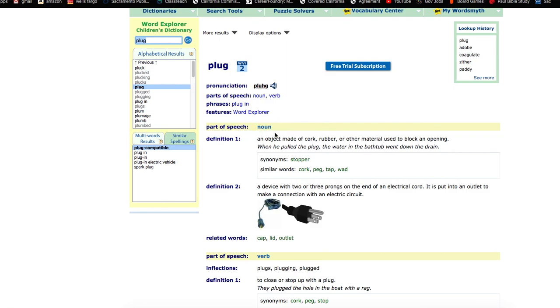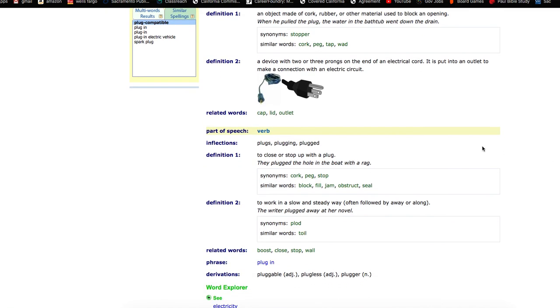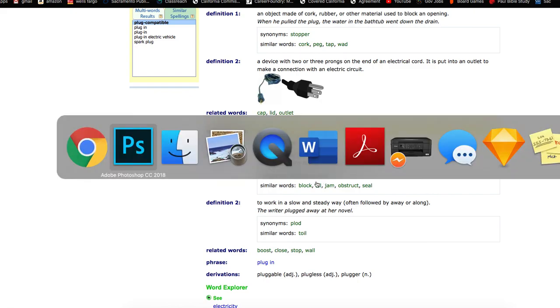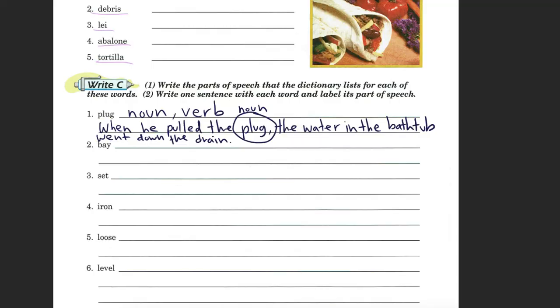Underneath the part of speech, noun, plug, you can use it in this sentence: When he pulled the plug, the water in the bathtub went down the drain. If you wanted to use the verb form of the word, you can use this sentence: They plugged the hole in the boat with a rag. So you would circle plugged and then write verb on top of it.